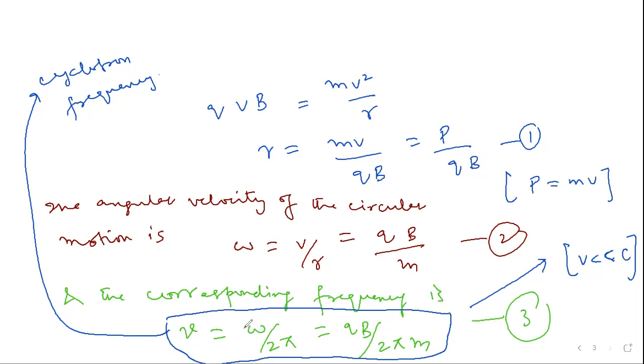And from this equation, we can see that the frequency is characteristic of a particular particle moving in a particular magnetic field, right? So this completes our discussion of this motion.